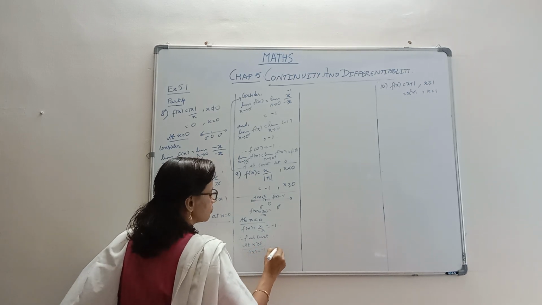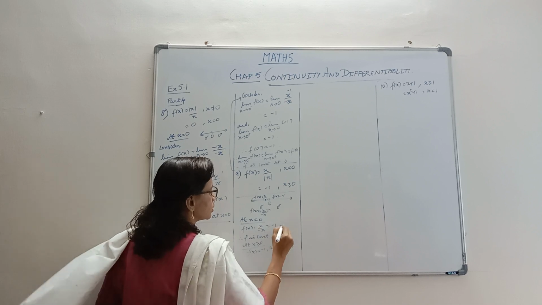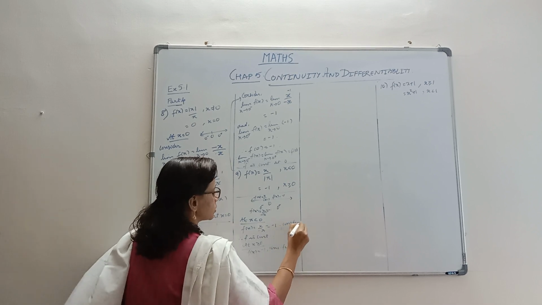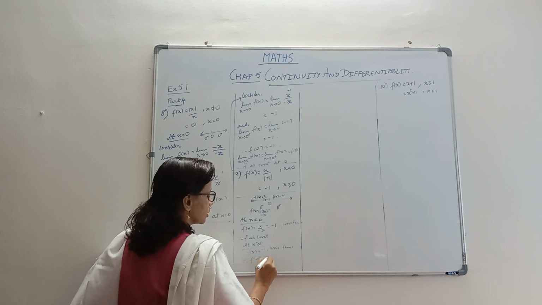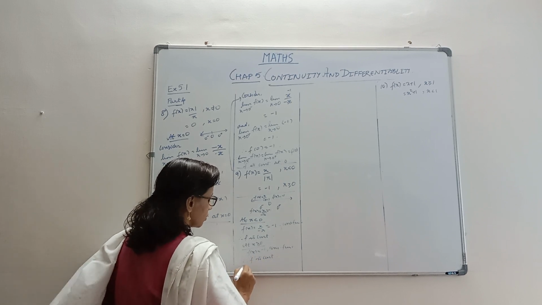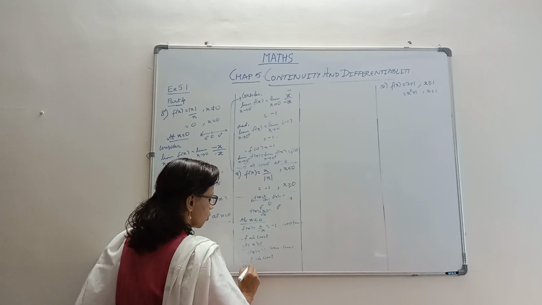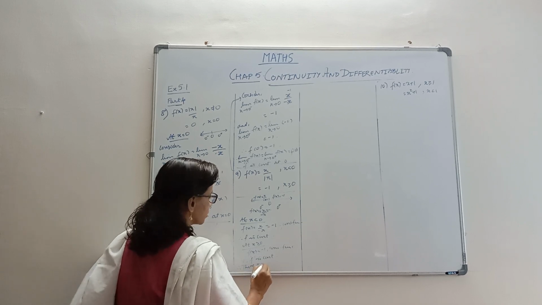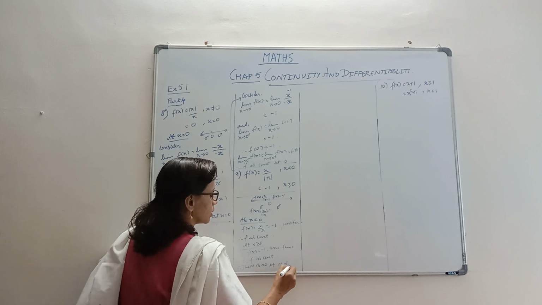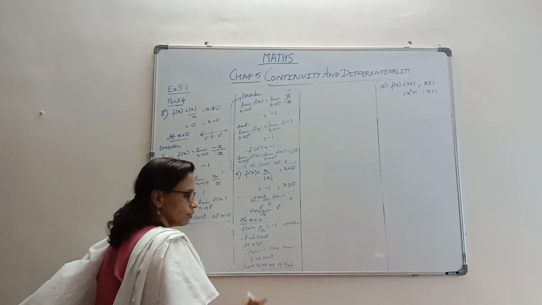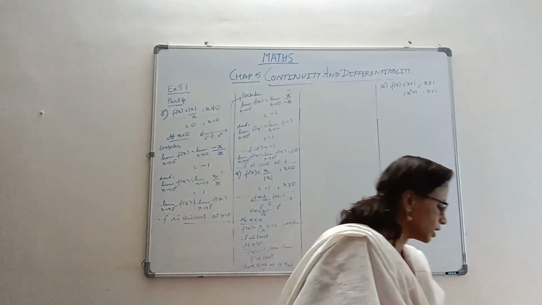That is a constant function. You can also write constant function. Therefore, f is continuous. Therefore, there is no point of discontinuity. That is what we conclude from there. So that's all about that question.